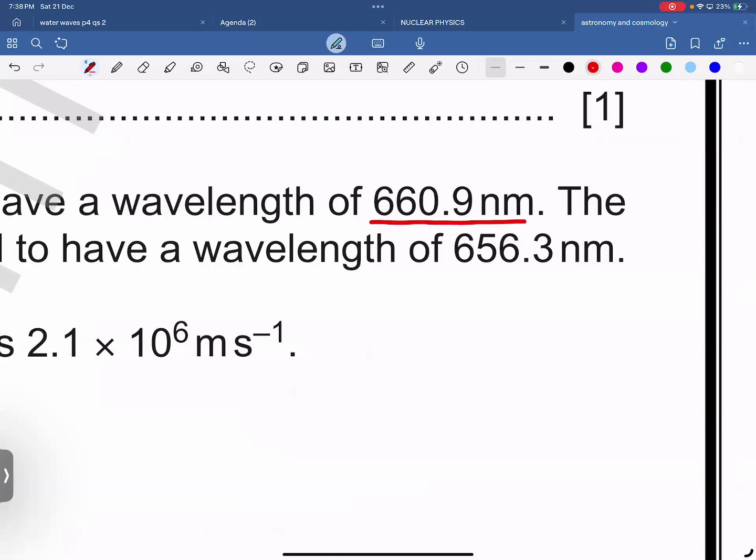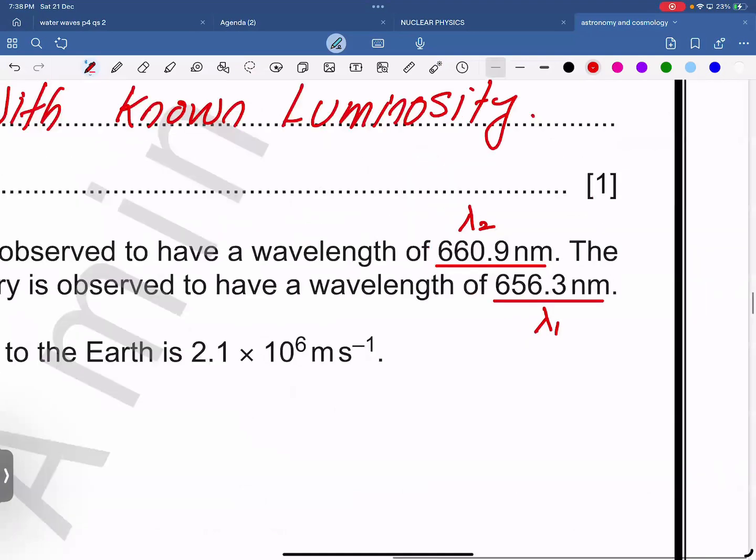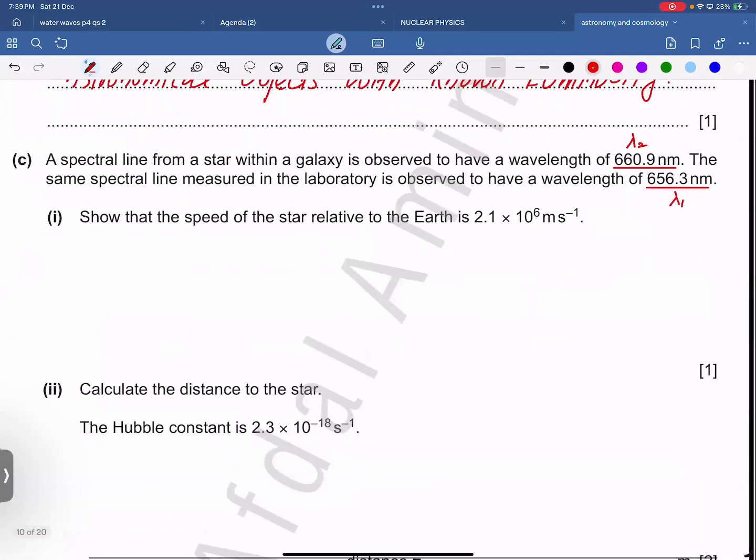Certainly the longer wavelength is from the distant star. Shorter wavelength is from the Earth. Show that the speed of the star relative to Earth is this. This is called the speed of recession you want to find.